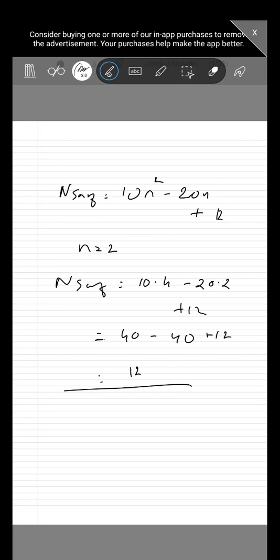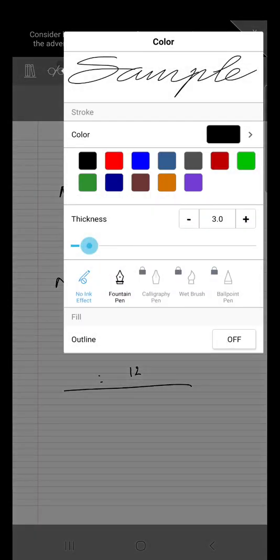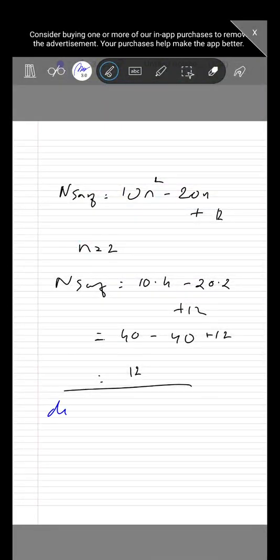Now the diameter of each nanoparticle is given as (2n minus 1) into d, where d is the distance between the centers of nearest atoms.